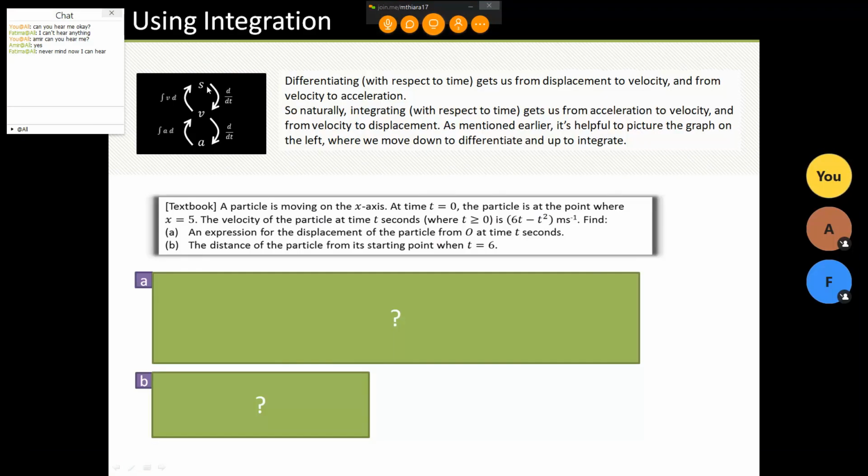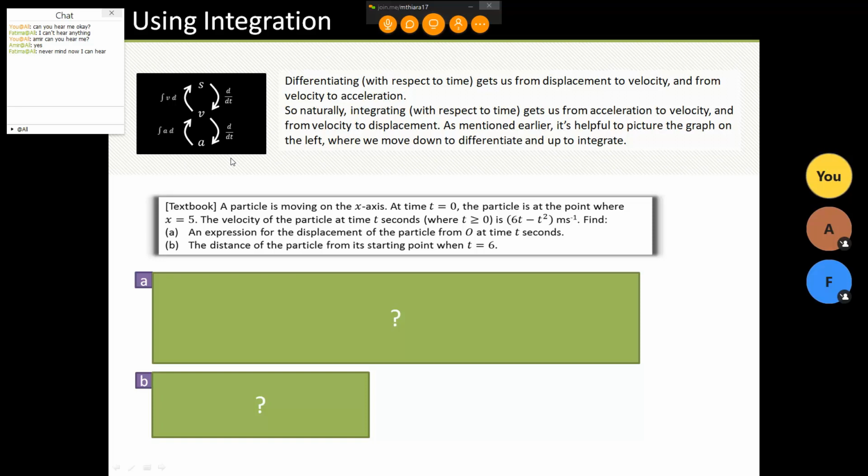Going from s to v I'm differentiating, going from v to acceleration I'm differentiating. If I wanted to go from a to v I'd integrate, and then from v to s again I would integrate again.